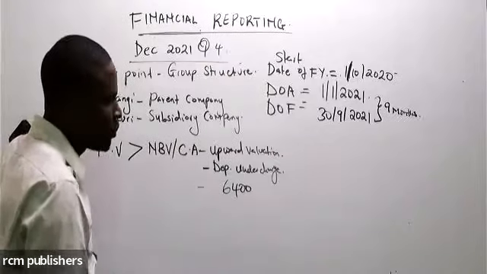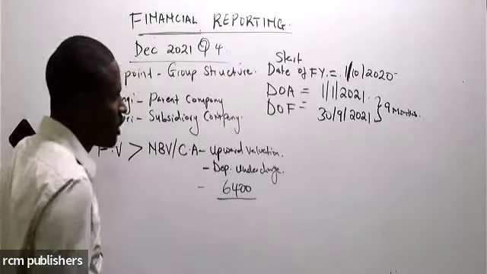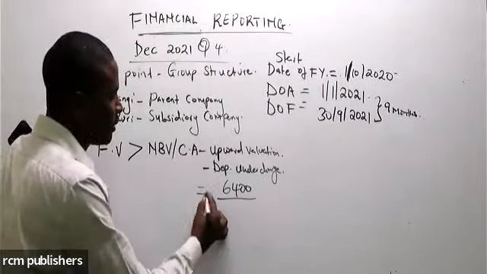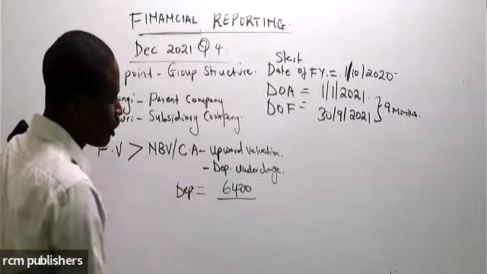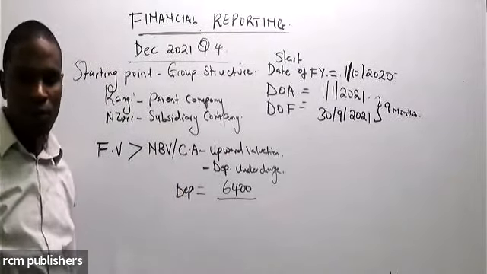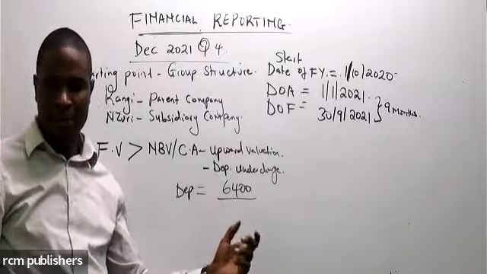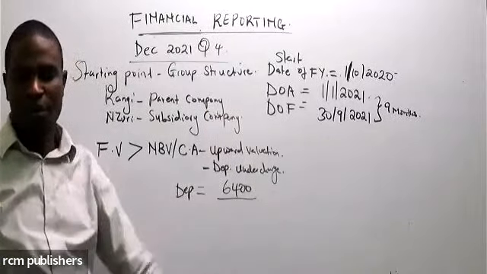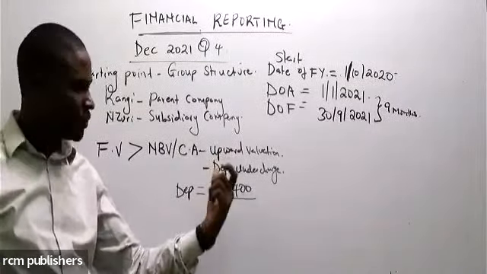Let's eliminate these zeros. You divide by the useful life. What is the useful life of that plant? We have been told the useful life.